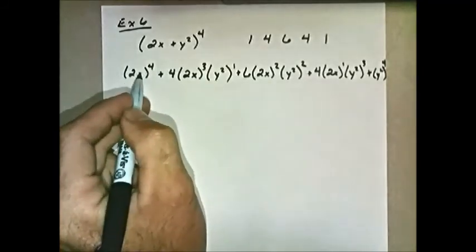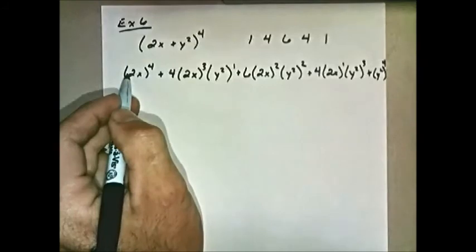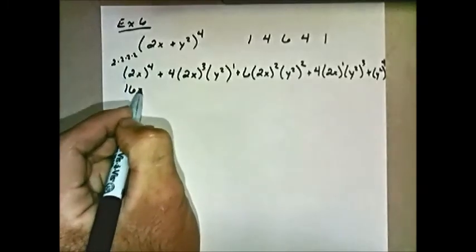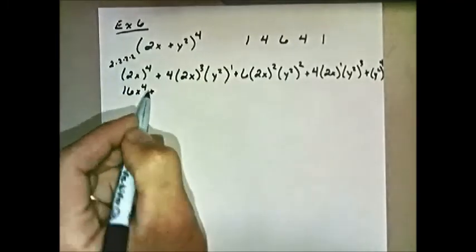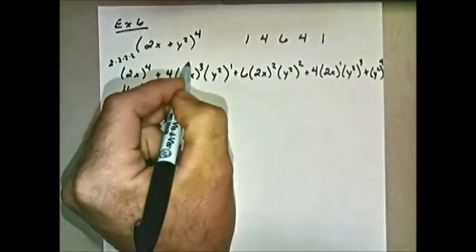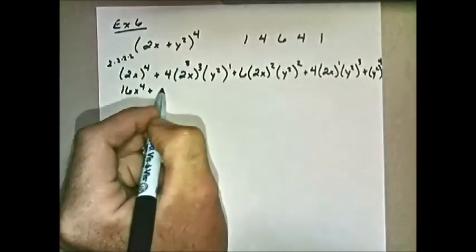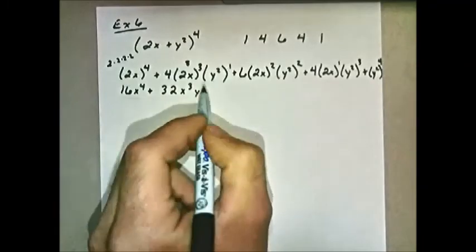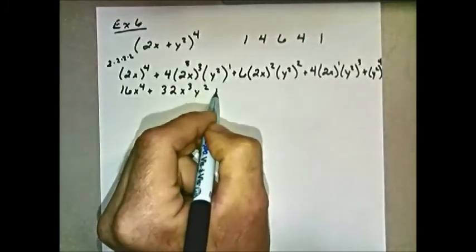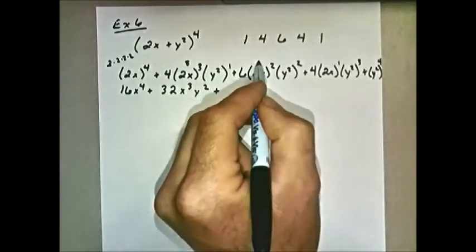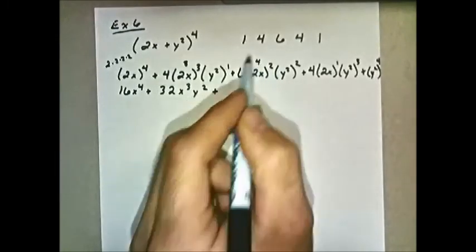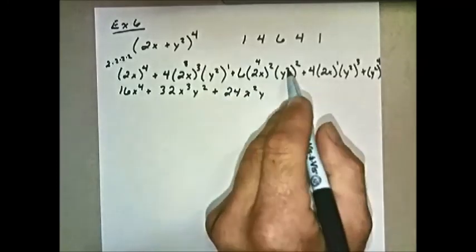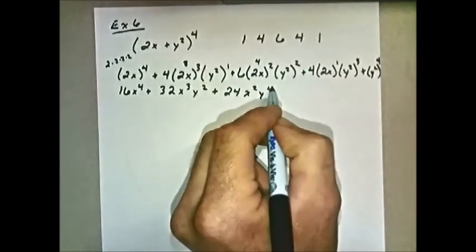So we take each of these to the fourth power. 2 to the fourth, remember, is 2 times 2 times 2 times 2, or 16x to the fourth, plus 2 to the third gives us 8 times 4, which is 32x to the third, and y squared to the first is simply y squared, plus 2 to the second gives us 4, so we have 6 times 4 is 24, x to the second, y, now we have y squared squared gives us y to the fourth.